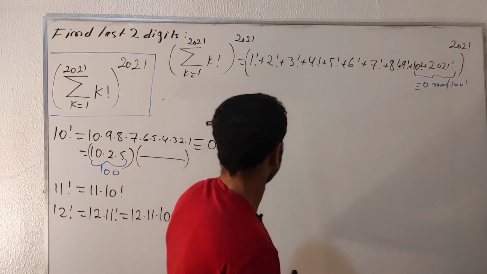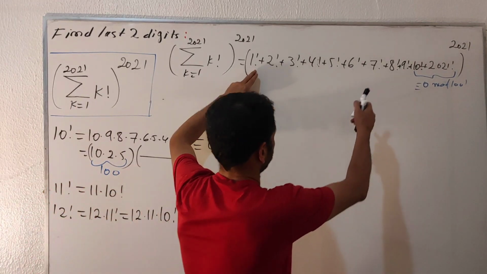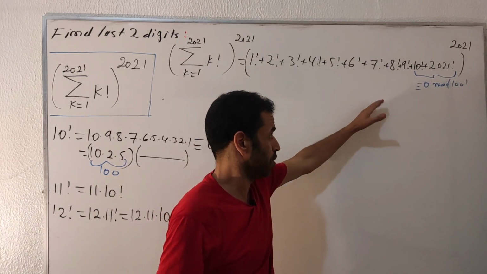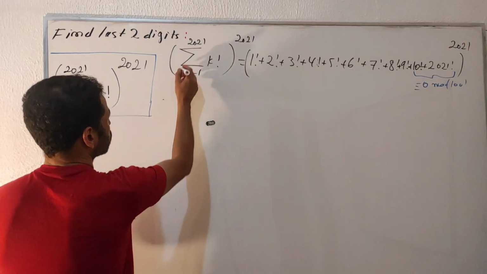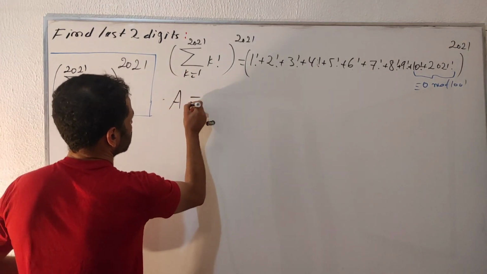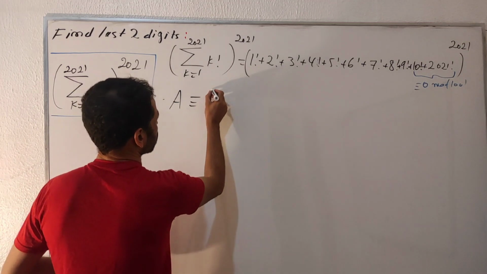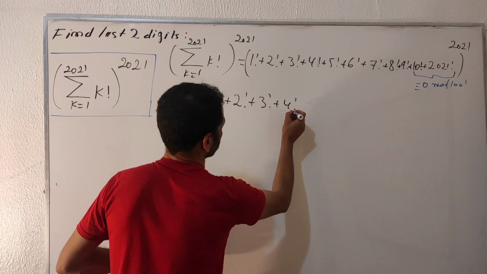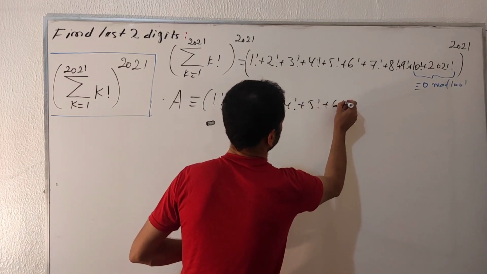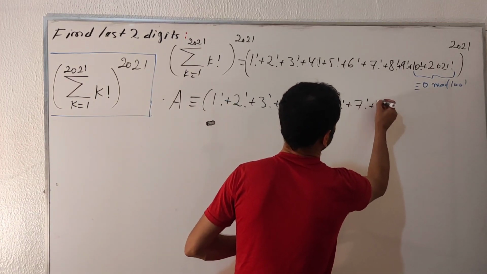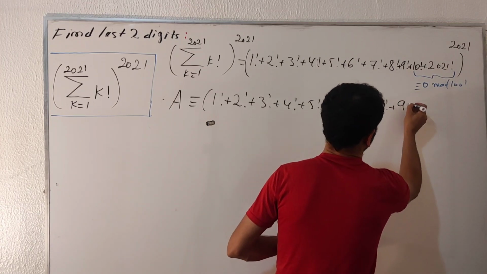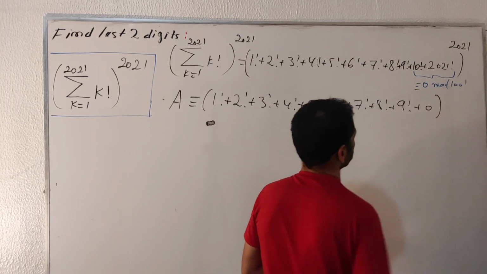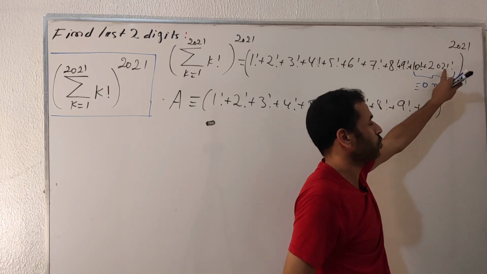We just need to calculate this bunch of numbers to find the remainder when you divide them by 100. Let's call this capital A, which is congruent to 1 factorial plus 2 factorial plus 3 factorial plus 4 factorial plus 5 factorial plus 6 factorial plus 7 factorial plus 8 factorial plus 9 factorial plus 0, because we found the remainder 0 for all other terms from 10 factorial up to 2021 factorial.